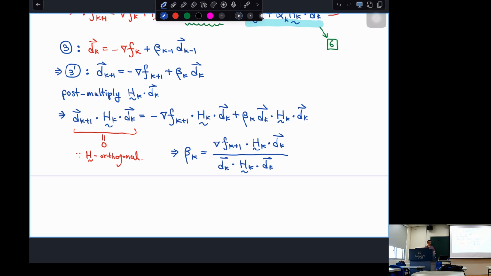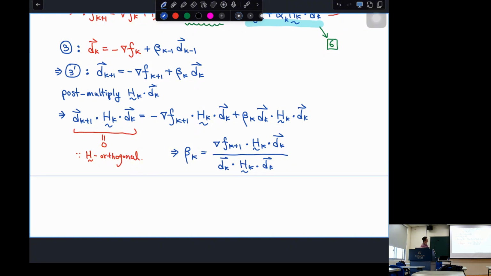Right? How can we do division? Because vector dot matrix dot vector is a scalar. This is a scalar, so a scalar can be divided by another scalar. This is the first time you realize, oh, beta k is not unknown anymore.